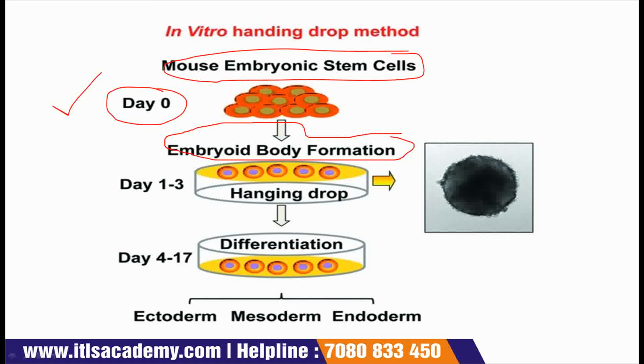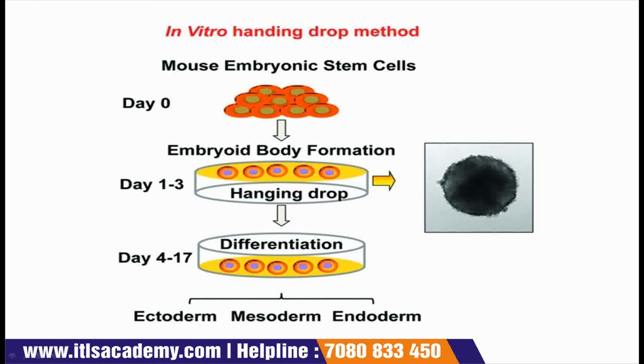Embryoid body formation occurs after day 0. After 1 to 3 days, there is a hanging drop. You can see the structure of these hanging drops.